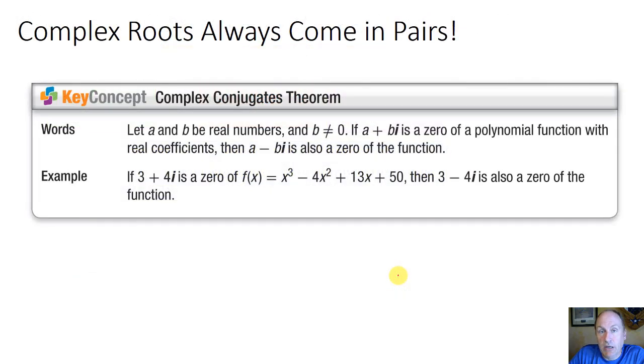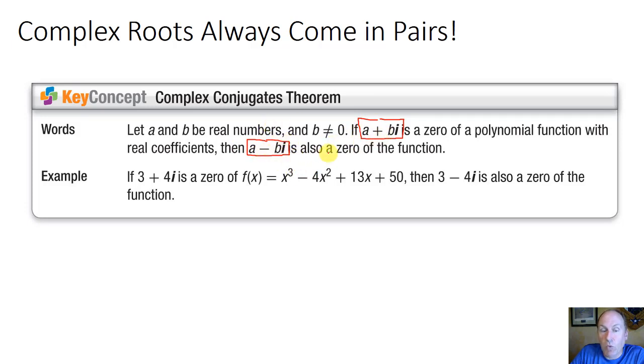Now, one interesting note: if we have a complex root, it always comes in pairs. This is related to the quadratic formula, but it expands it. This is called the complex conjugates theorem. For any polynomial function with real coefficients, if a plus bi is one of the zeros, which, if you'll recall, is a complex number, then a minus bi must also be a zero. And the reverse of that is also true.